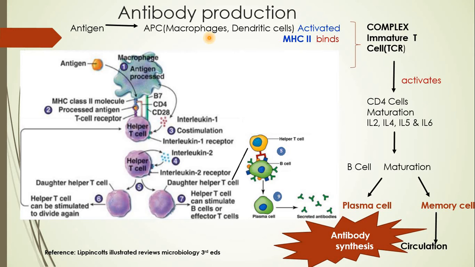This activation means the antigen has entered into macrophages and dendritic cells, into their cytoplasm. The antigenic processing, the metabolic processes, will lead to development of certain surface proteins which will be expressed onto the surface of APC, and that will be seen always in association with MHC II molecule, right?